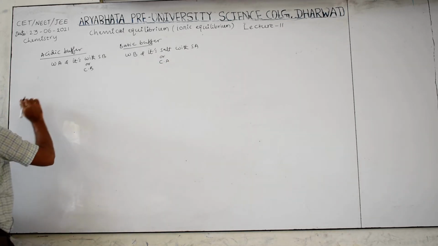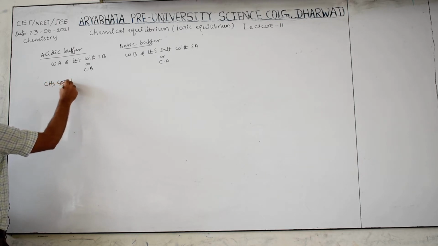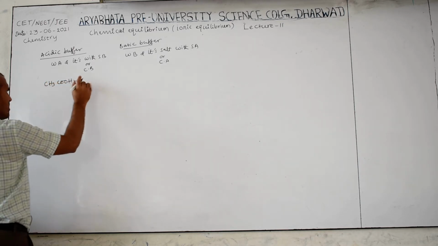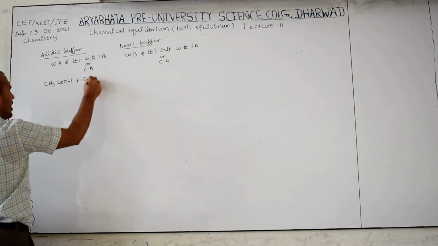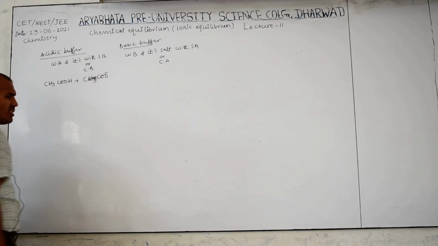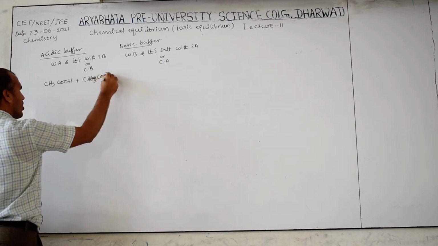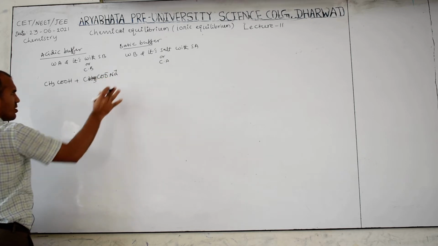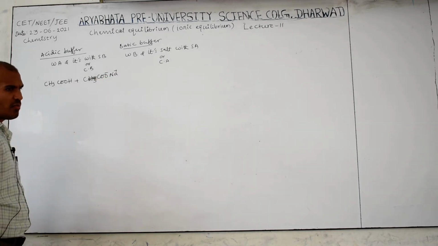Now consider the weak acid CH3COOH, its conjugate base is CH3COO minus, which can also be represented like this. Otherwise it is its salt with a strong base. So a weak acid and its salt with a strong base.